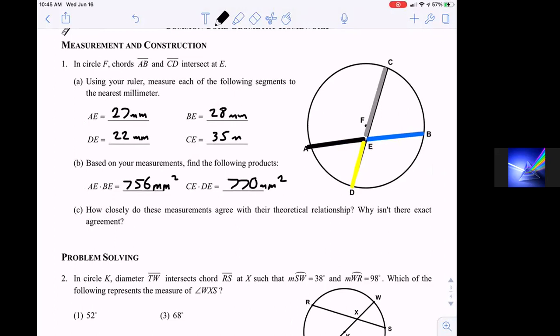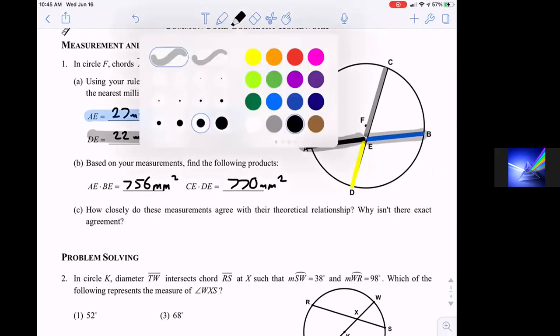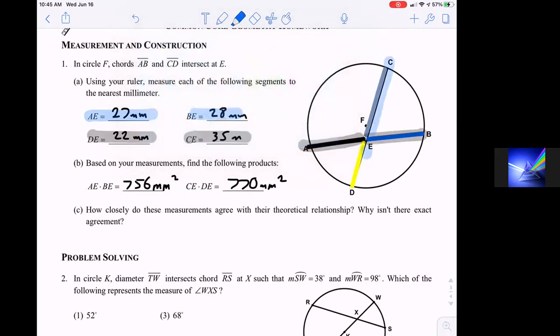Part B, you simply multiply AE times BE and then DE times CE. Now, part C, how closely do these measurements agree with the theoretical relationship? Well, the theoretical relationship is that this segment times this segment equals this segment times this segment.